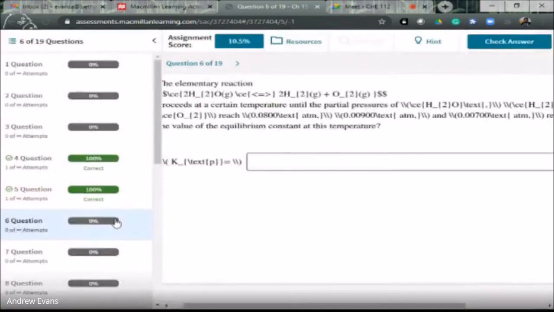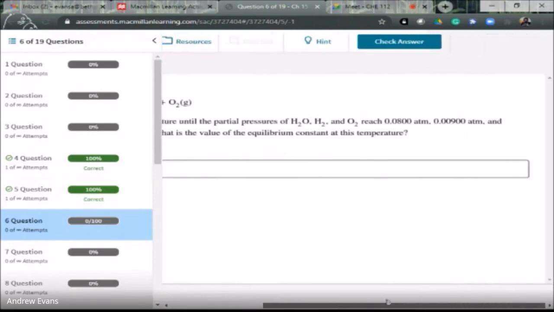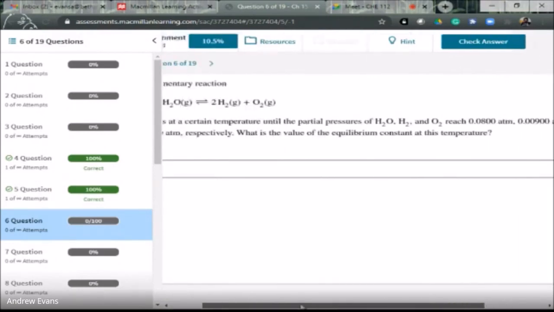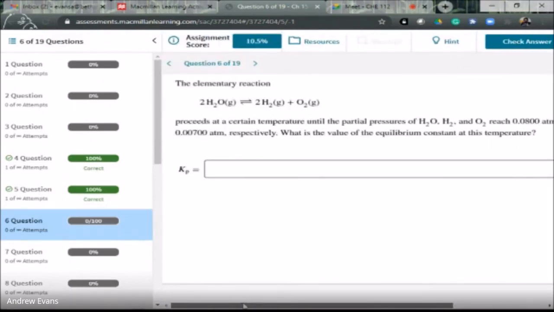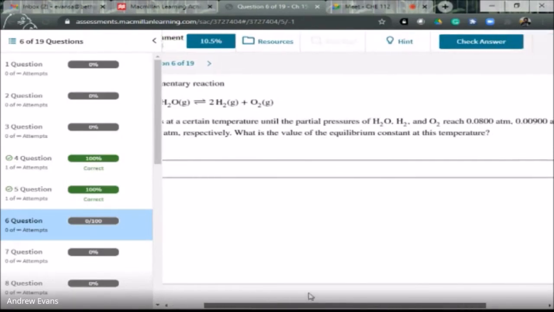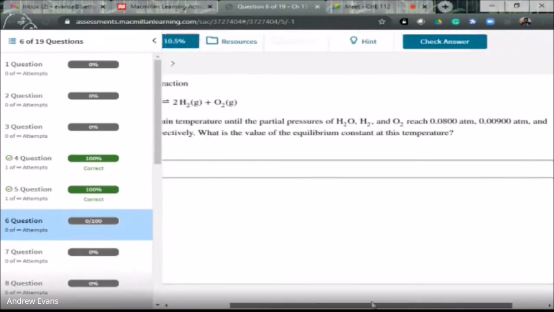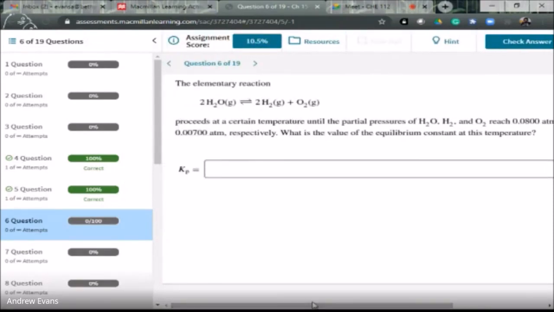So just set it up. Elementary. This one, they give us pressures. What is the value of the equilibrium constant at this temperature? Notice they ask for Kp. Because Kp is asked for and they give us pressures, we can just do the same thing with those pressure numbers.